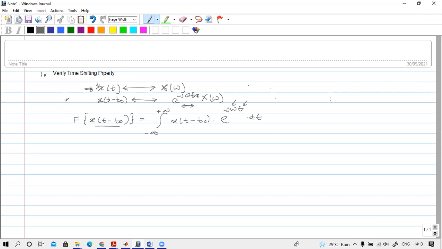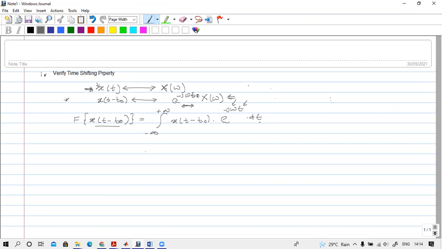So this omega is also a variable, that is the frequency, but when we are integrating with respect to t, we consider this omega as a constant.